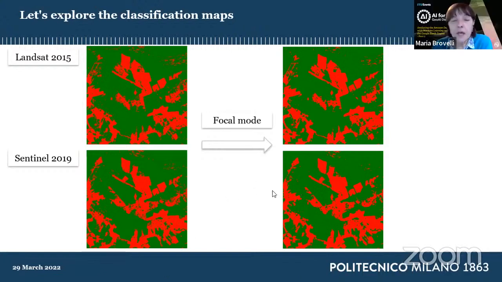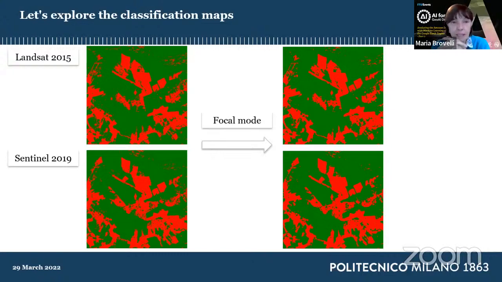Okay, thank you. So we are using this focal mode. That means that as operator, we are using the mode. So we look around, we decide a certain dimension for the window of pixels that we consider around every single point. And we look at the mode of the values that we find inside this window.